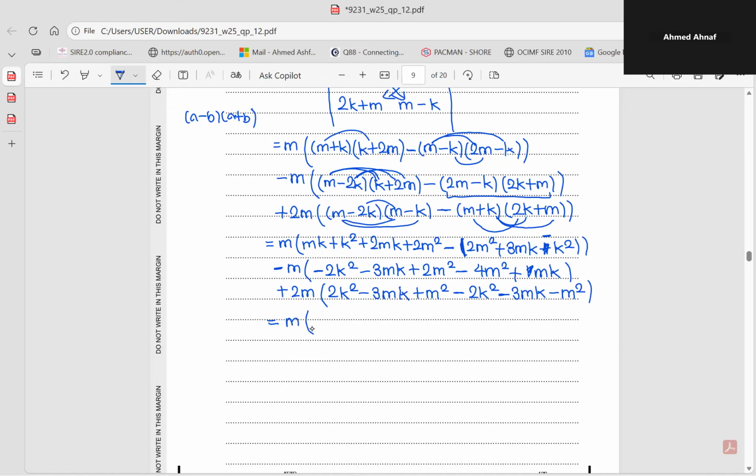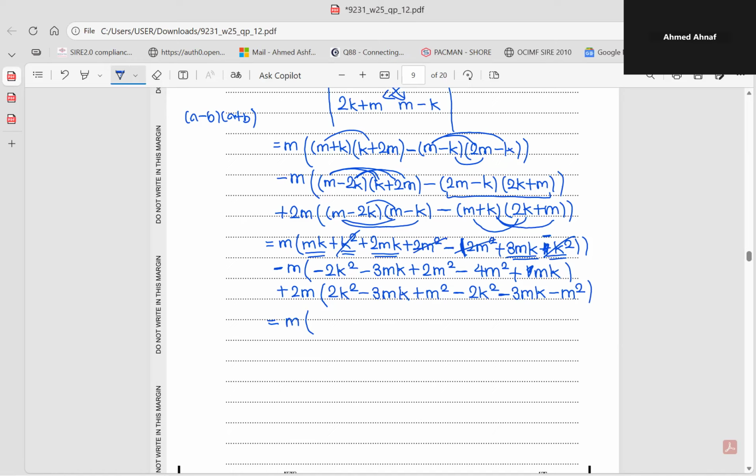k squared first, so k squared minus k squared. So I believe these would cancel out. So 2mk plus mk plus 3mk. Oh, and 2m cancels out.